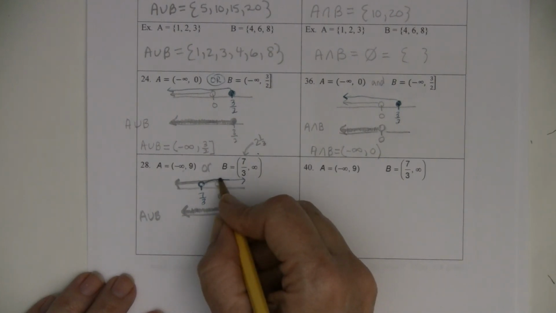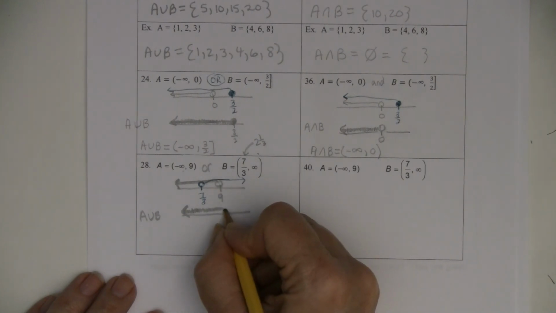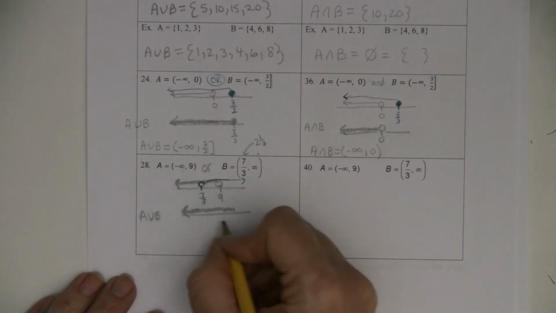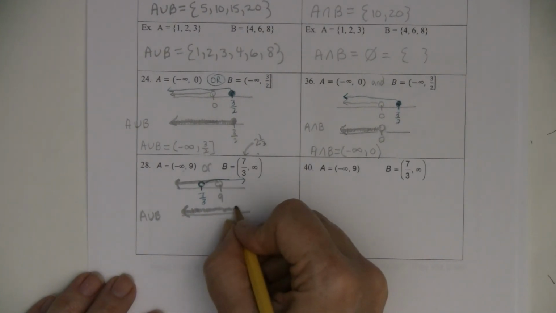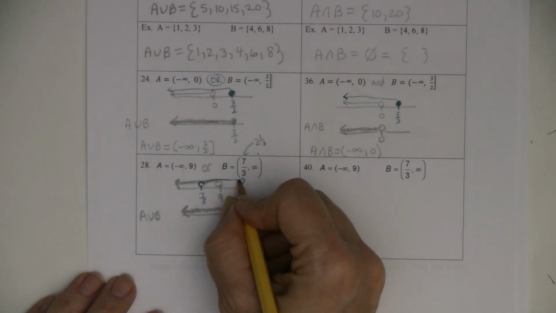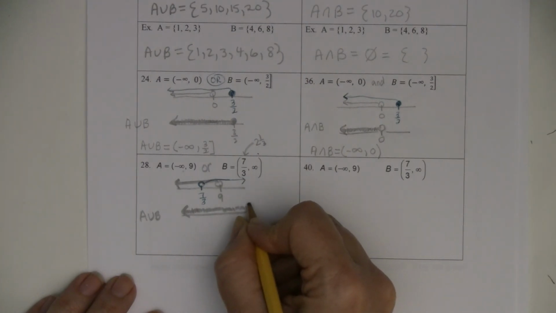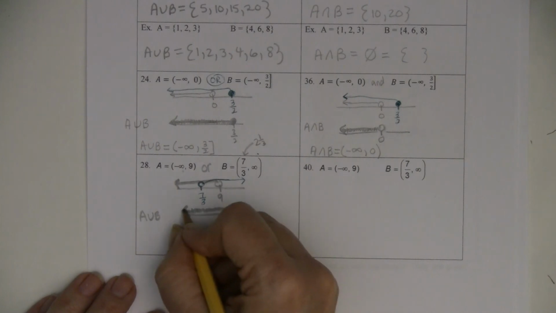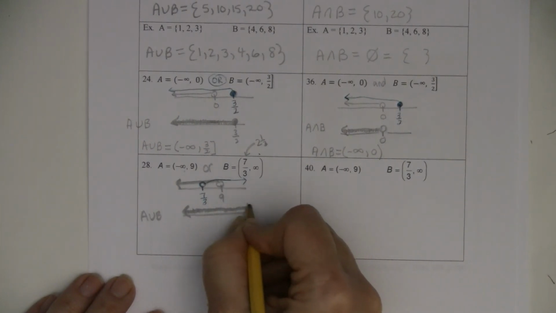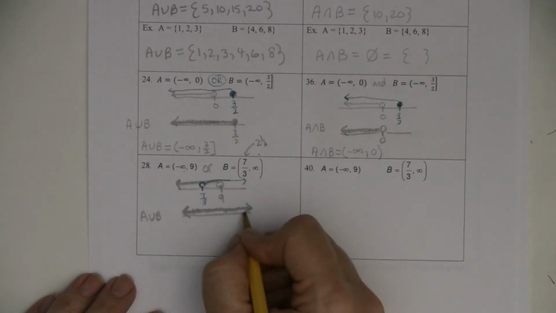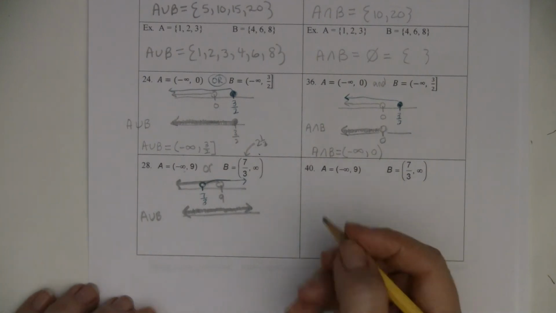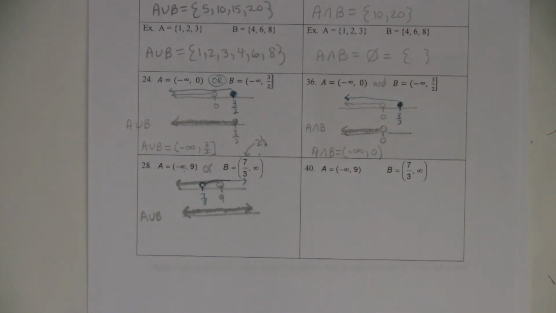9 got invited by B. So 9 gets to come to the party. 9's part of our union. And all the way, 10, 11, 12 are all invited by B to be part of the union. And so there is our graph. They do make it look silly in your book like that, and they don't put any numbers on the number line. So they might put some numbers on the number line.